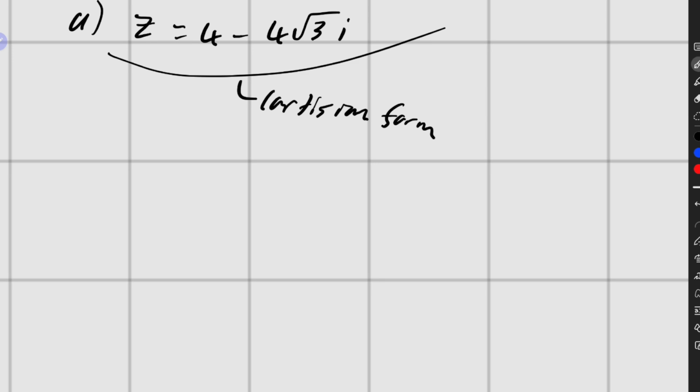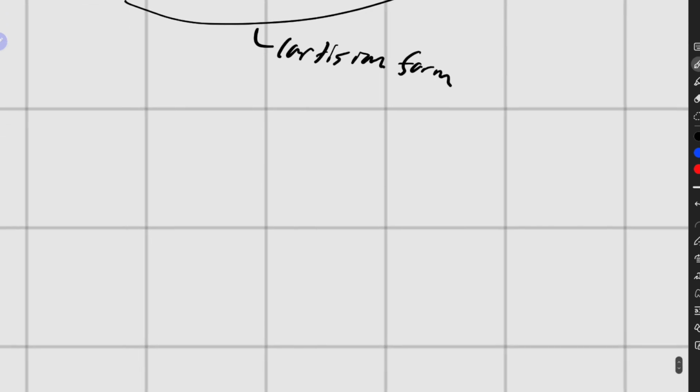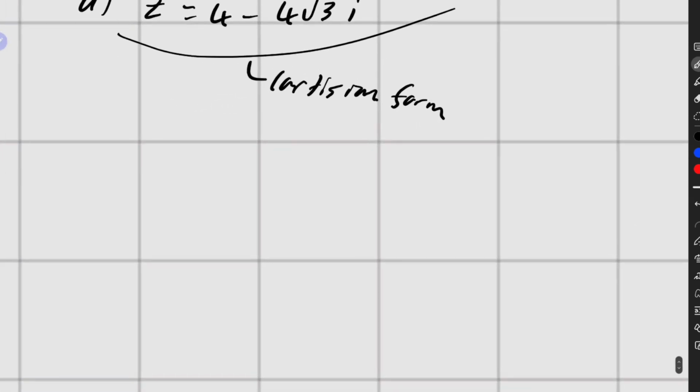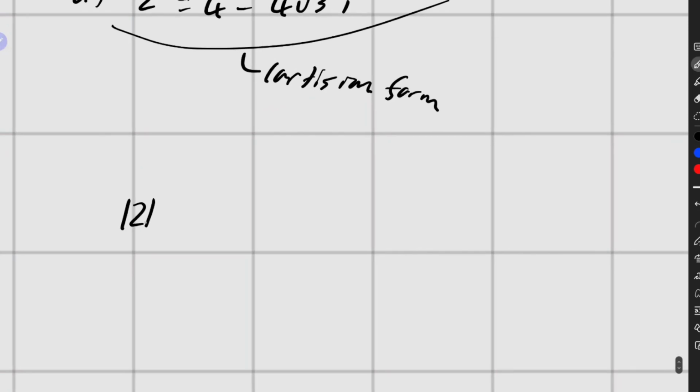So, now that you know this is in Cartesian form, what does polar form and Euler's form look like? These are the basic formulas behind it. Polar form: you have your modulus of z. z equals modulus of z times cosine of theta plus modulus of z times i times the sine of theta.